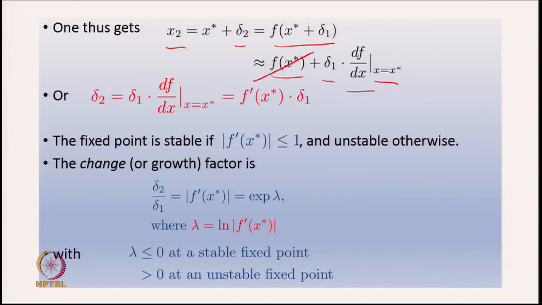Since f of x star is equal to x star, we find that delta 2 is equal to delta 1 times df by dx at x star, or writing it in more compact notation, f prime at x star times delta 1. Now, this fixed point is going to be stable if f prime is less than 1 in modulus, and it is unstable otherwise.